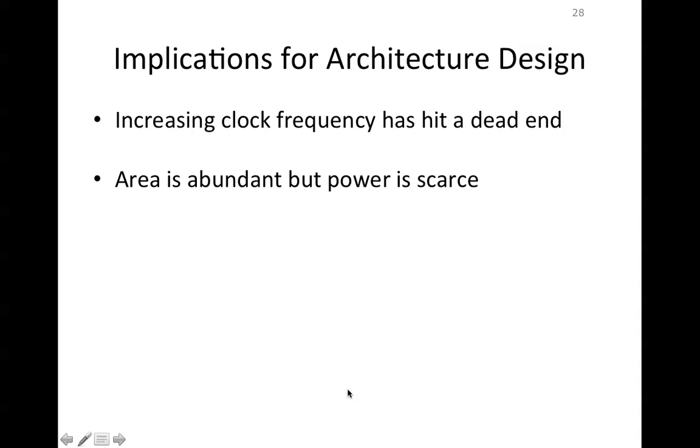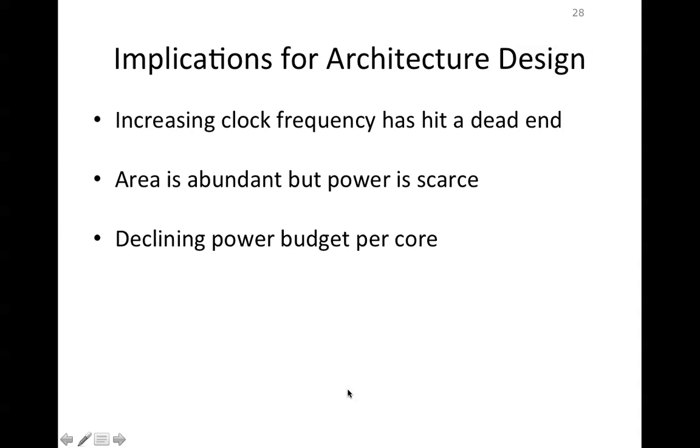One way to do it is to halt the clock frequency increase. Second is that we still can put lots of transistors, double the number of transistors every, let's say, 18 months to 3 years. We still can do that, but the power consumption is scarce.